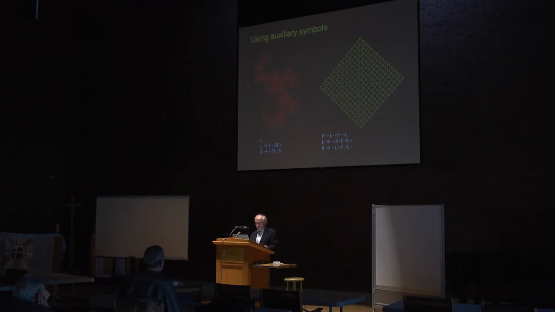For example, on the left you can see the dragon curve, a very well-known fractal, and its very compact description. And on the right you can see the Sierpinski space-filling curve and its system description.